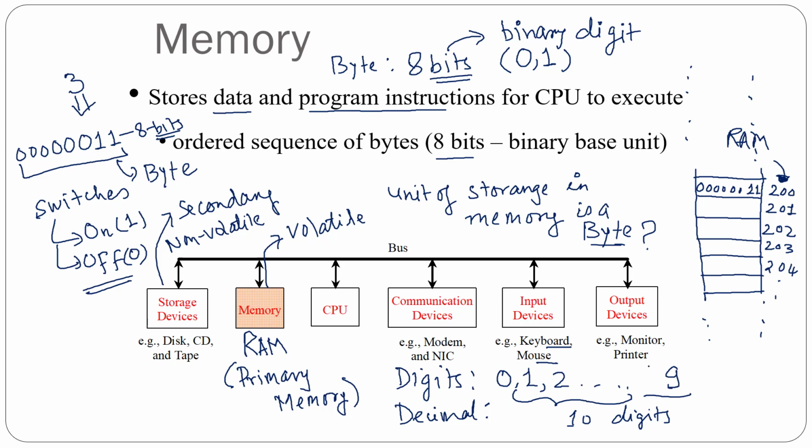And do we have another output device? Yes, we have a printer, right? In most cases, if you want to print some document which you have on your machine, you issue a print command, and that document is sent to the printer and printed out. Alright, so printer and monitor are the output devices. Keyboard and mouse are the input devices.